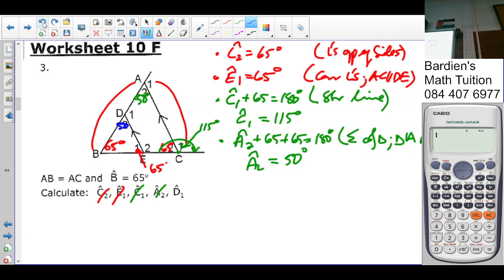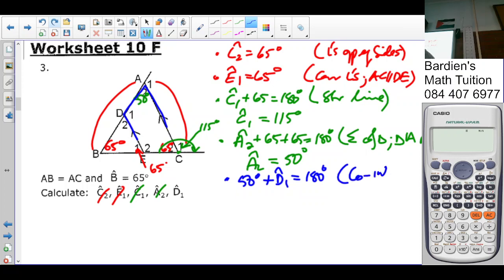There's another way. There we go. Here's your parallel lines. Can you see? These are two parallel lines. So we say 50 degrees plus D1 is equal to 180.